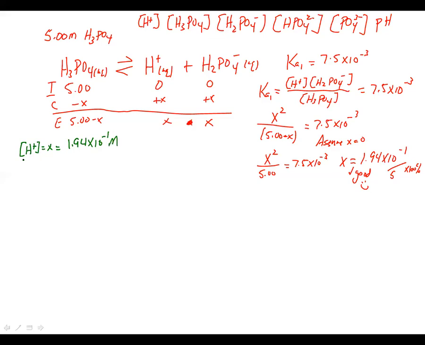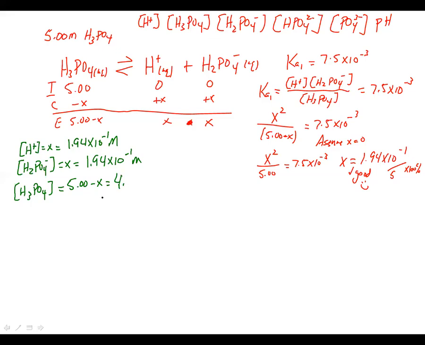We also see that the H2PO4 minus concentration also equals X, which also would equal 1.94 times 10 to the minus 1 molar. And our H3PO4 concentration is 5 minus our X, which would be 5 minus 1.94 times 10 to the minus 1, gives us 4.81 molar.